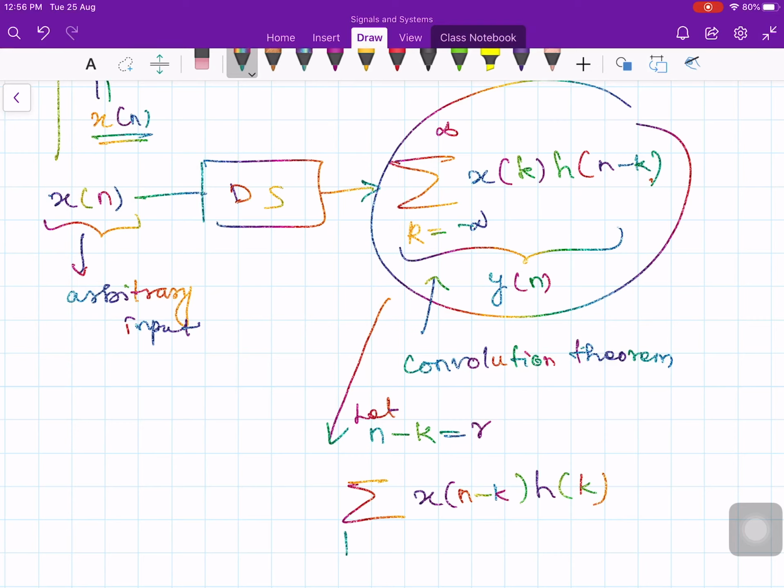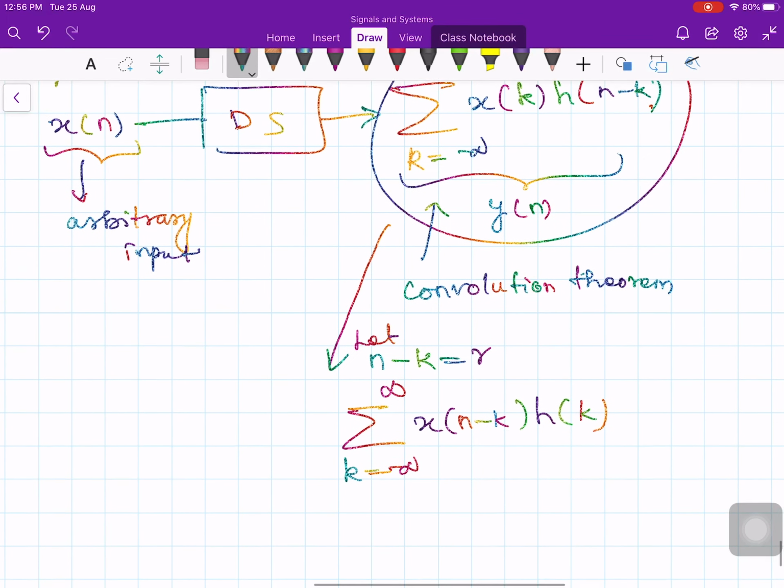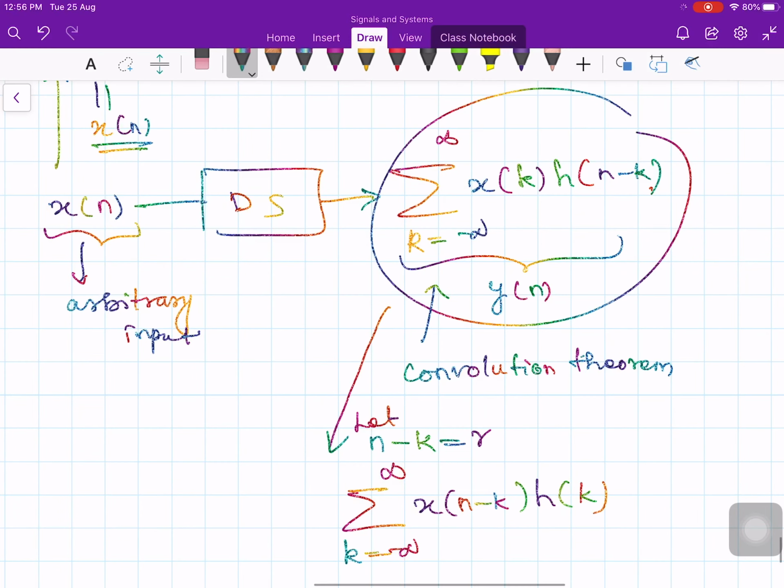It is very simple to show. In this one what you do, substitute n minus k equal to r, right. So, then what is k? k is equal to n minus r, right.